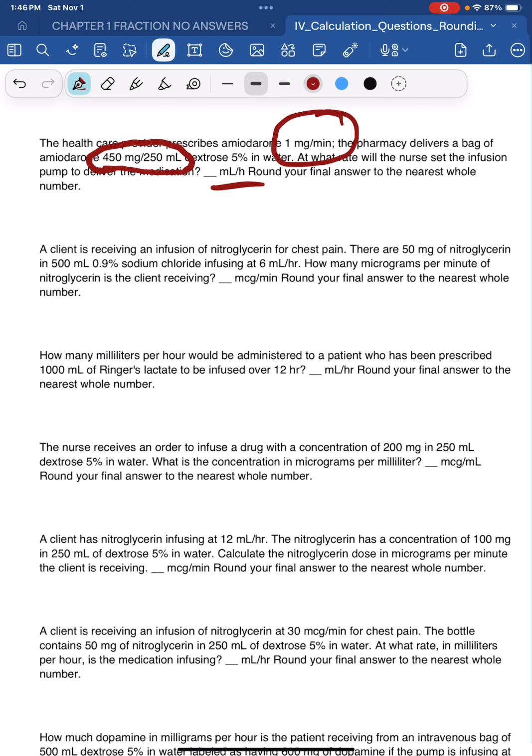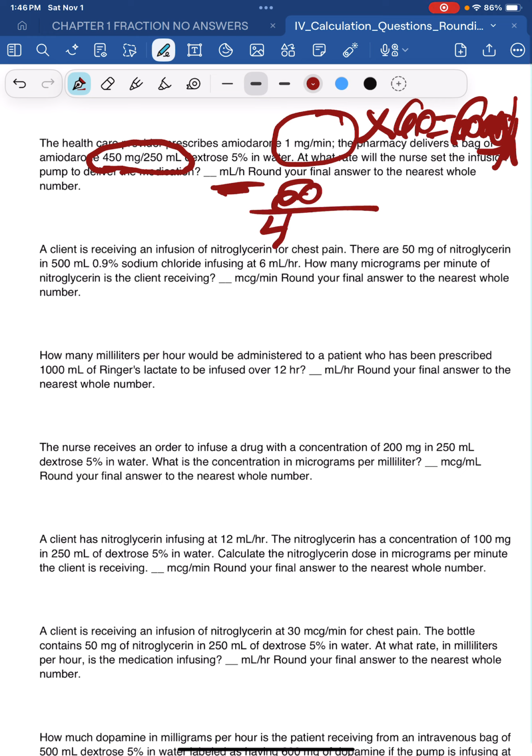For you to use dosage calculation, you need your order to be per hour, because your pump is per hour. If you use per minute, it's not going to work because your pump is set up per hour, not per minute. Well, the only thing we do, we've been learning this, multiply this by 60 divided by 1. So now you will have 60 milligram per hour. All right? You got milligram there, you got milligram there, so you are ready, you use the formula. 60, it's your order, divide that by 450, and times 250.